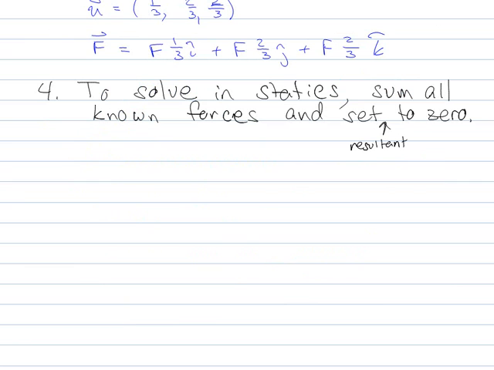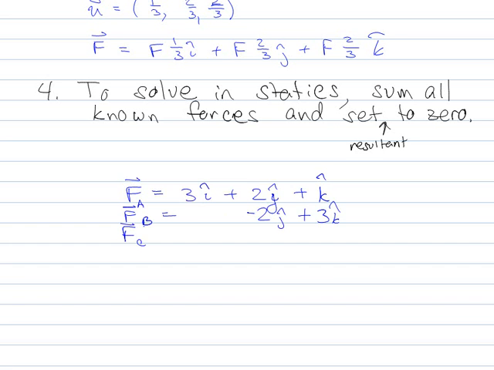So if I've established that on my particle, I've got, I'm just going to use some things that I make up. And say one of them is this, and another one is, go ahead and line them up. And then maybe here's a weight, so it's just negative 15 k hat.